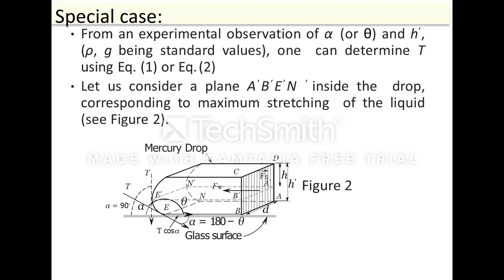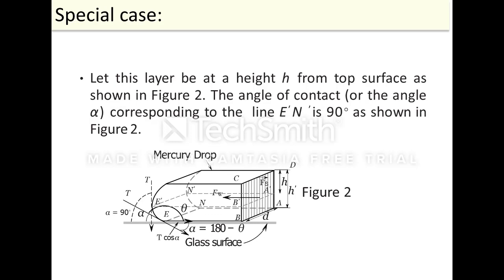See figure 2. Let this layer be at height h from the top surface as shown in figure 2. The angle of contact, or the angle alpha, corresponding to the line E dash N dash is 90 degree as shown in figure 2.